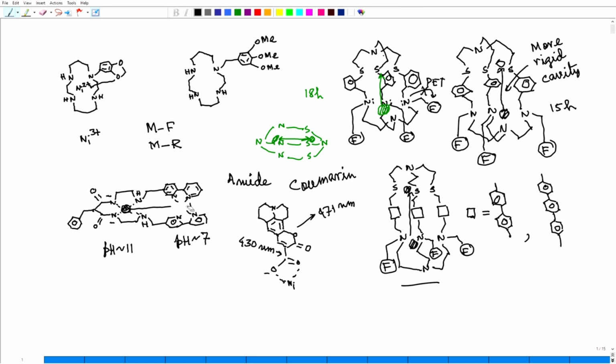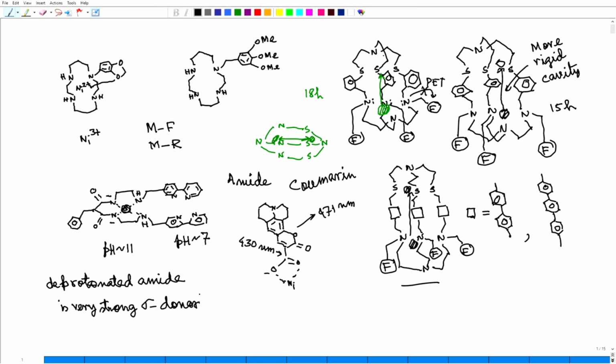So, here is nothing, here is nothing, here is nothing, and because all the nickel 2 plus is bound now here, and because deprotonated amide is very strong, especially aliphatic, very strong sigma donor.